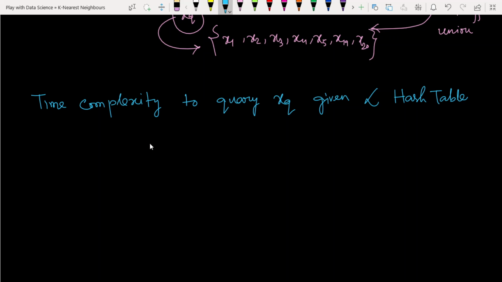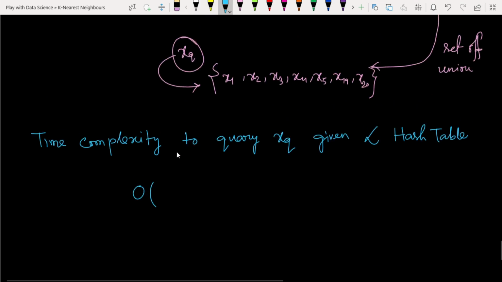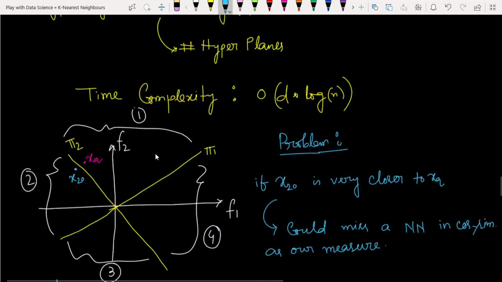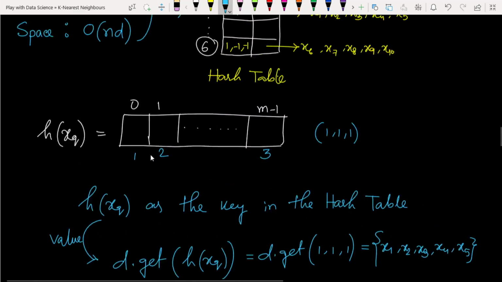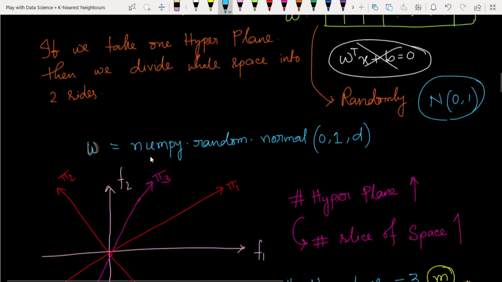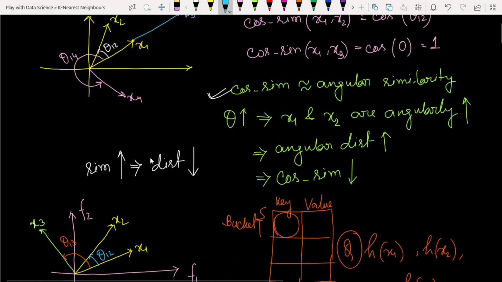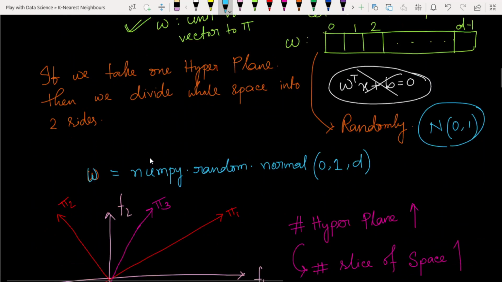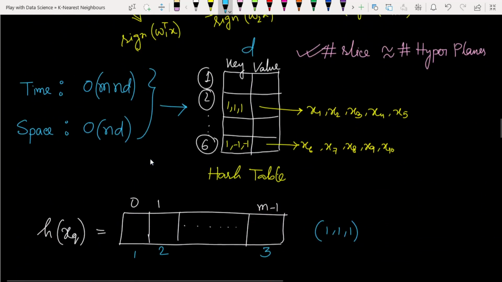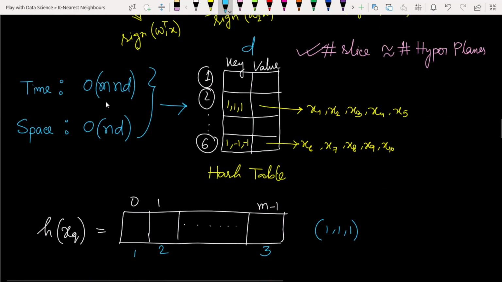For calculating one hash table, how much time do we need? We need order of m n d to calculate one hash table.